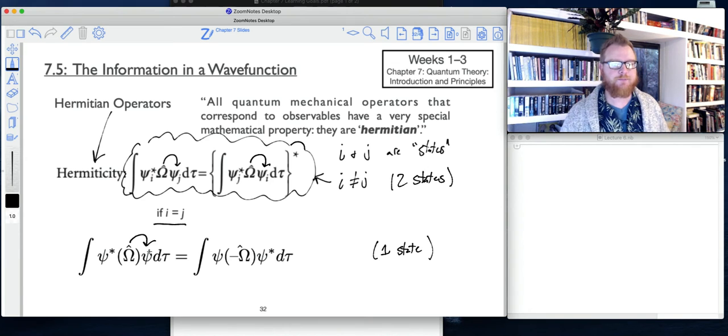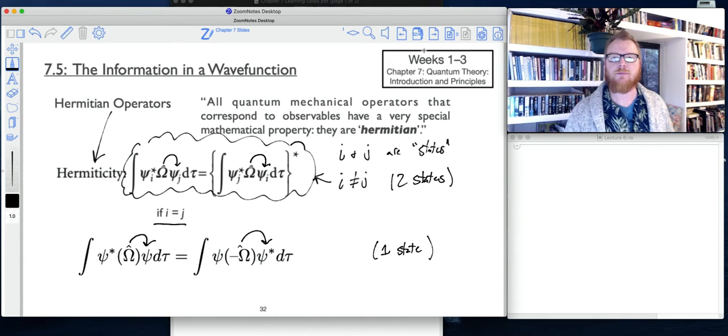Now the operator will be Hermitian if we switch the order of the complex conjugates, and also make the operator negative, okay? So this will still operate on this wave function, and then we still take the square modulus. If these two are equal, then our operator is Hermitian. Okay, beautiful. This is very difficult to understand just from this definition.